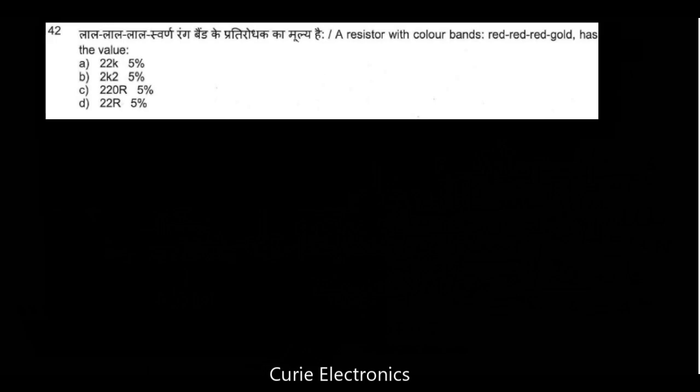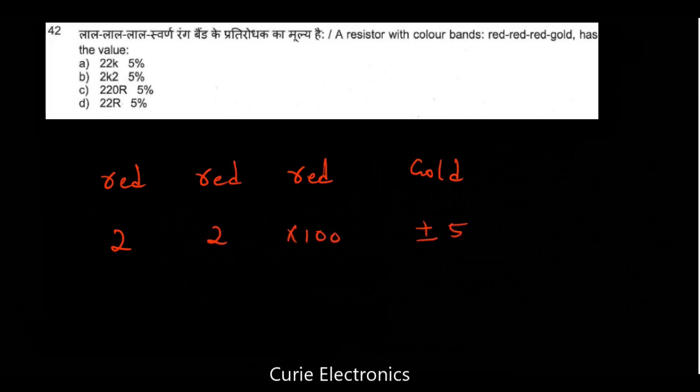A resistor with color bands red, red, red, gold. It's a 4-band resistor. First two are digits, 2, 2. Third one is the multiplier and fourth one is the tolerance, plus or minus 5%. So the answer is 2200 plus or minus 5%.